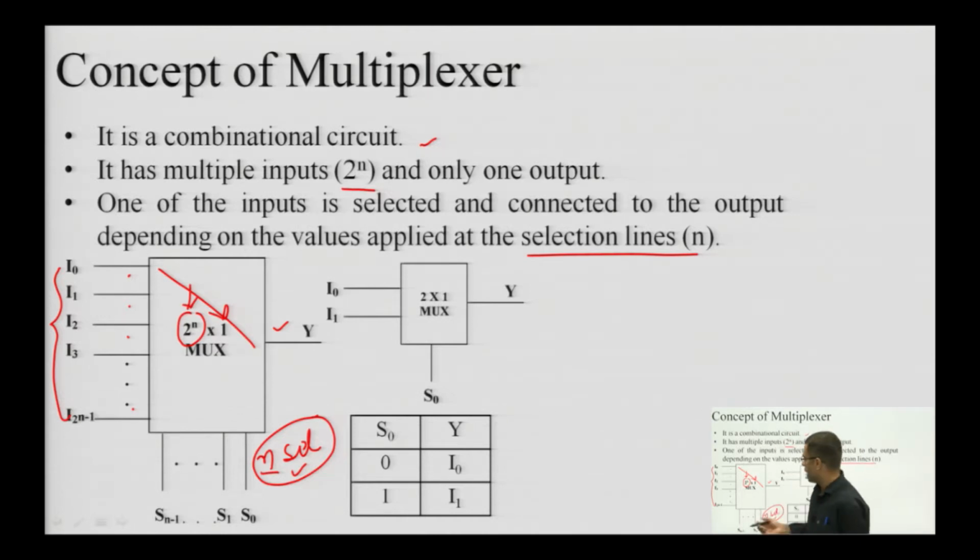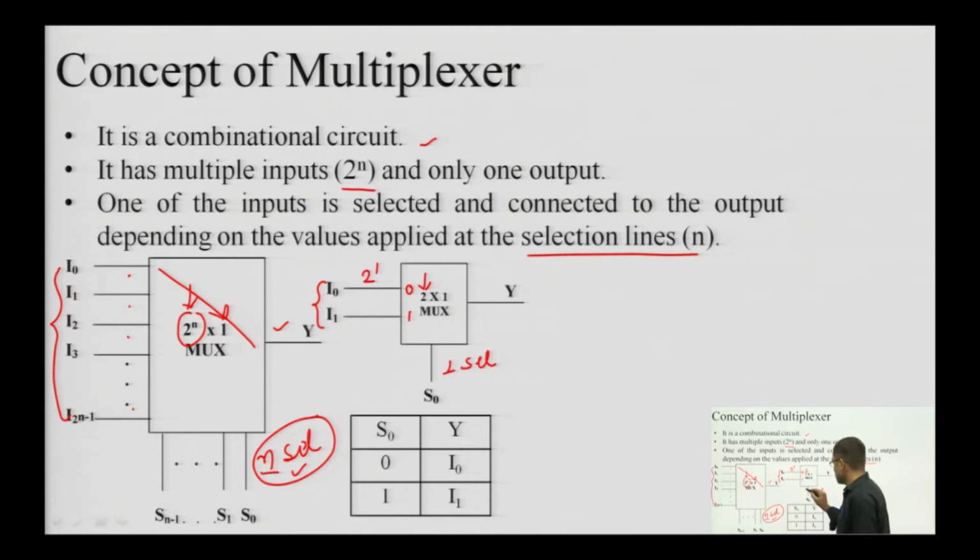Let us put n equal to 1, which will be the smallest possible multiplexer. That means there is a single select line, and for one select line, 2 raised to power 1 means there are 2 inputs. That is why it is called a 2 cross 1 multiplexer. These are the positional weights of the inputs, 0 and 1.